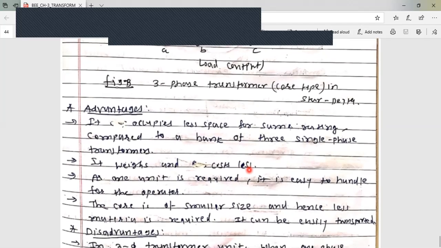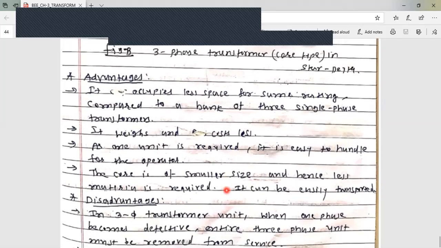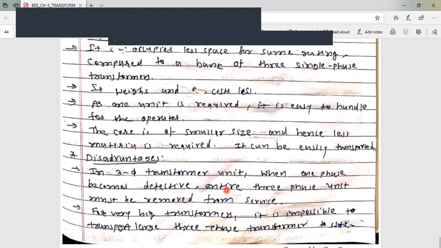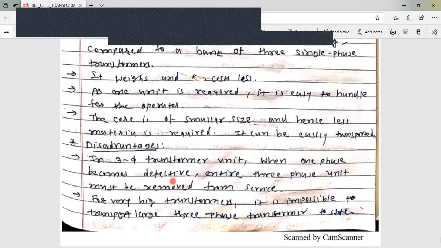These are the advantages: weight and cost are less, compared to the above. And the disadvantage, we have seen, is that in a three-phase transformer, if one phase becomes defective, the entire three-phase unit must be removed from service. So this is all about the three-phase transformer.